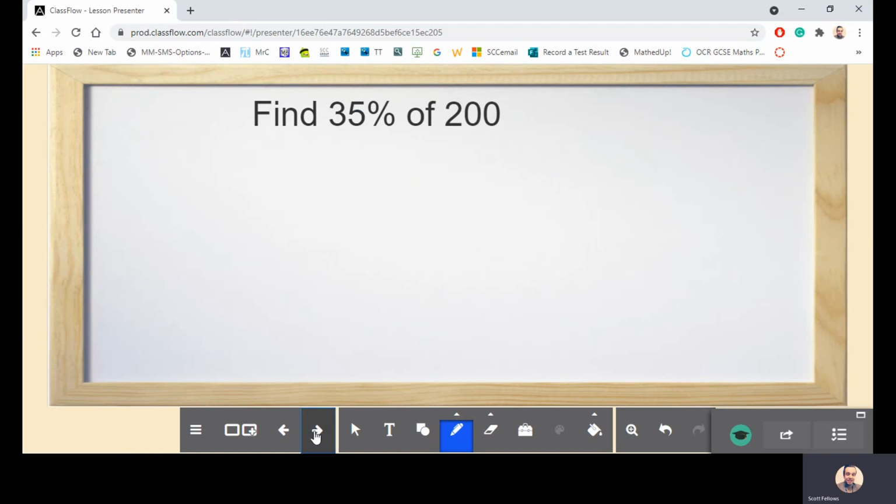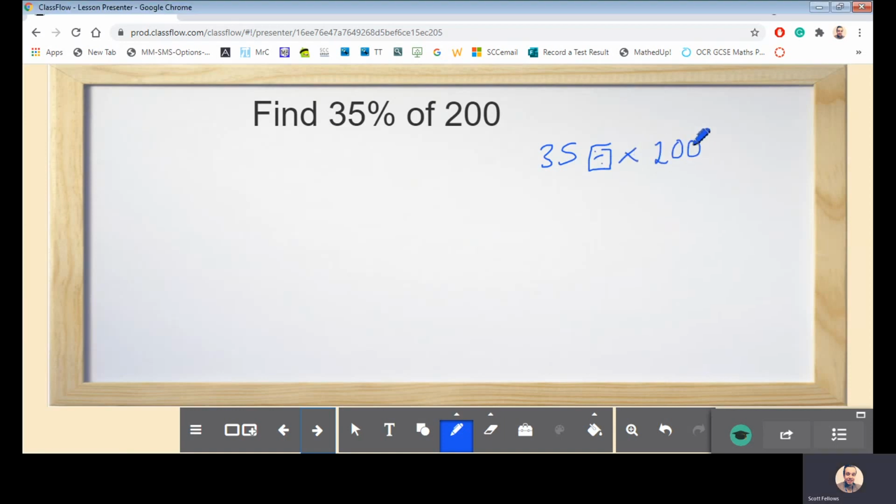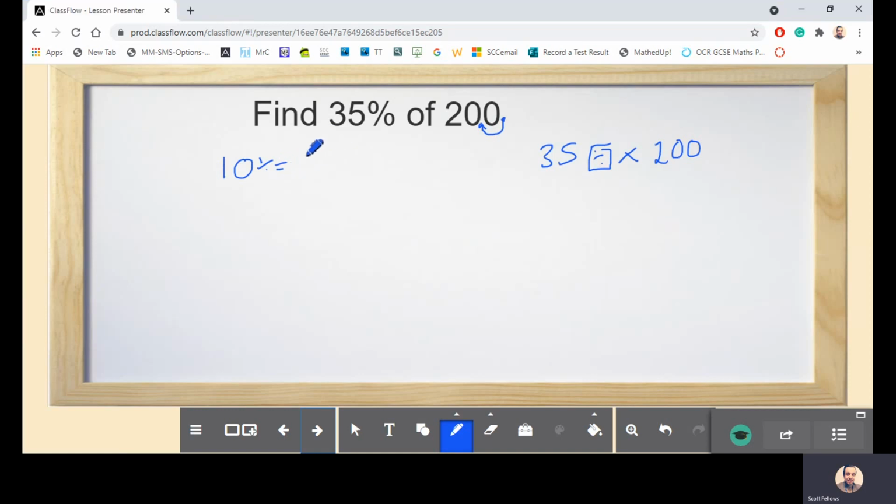Okay, finding 35% of 200. So there's 2 ways of doing this. On a calculator, you would just press 35, find the percent button on your calculator, and then press times 200. Without a calculator, we'll just do what we just did before. Find 10%, which is, here's your point, move it over. 10% is going to be 20. And then another 10%.